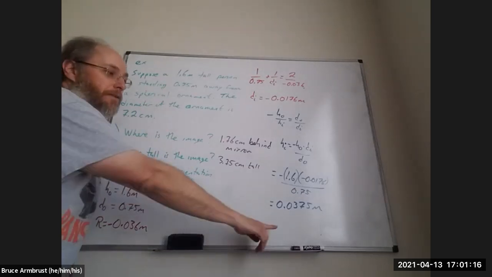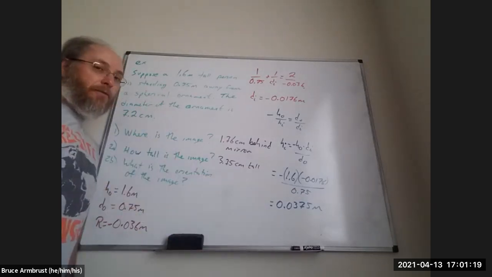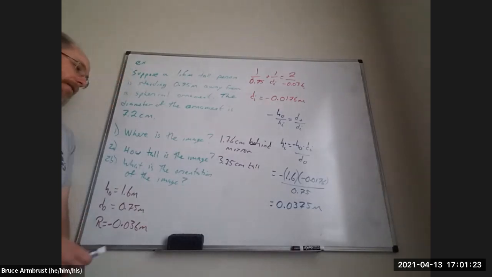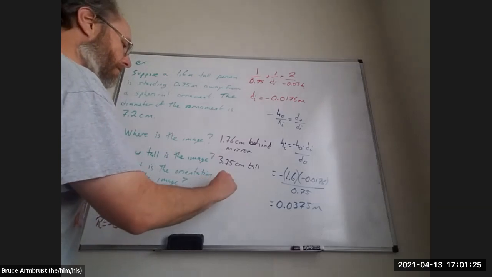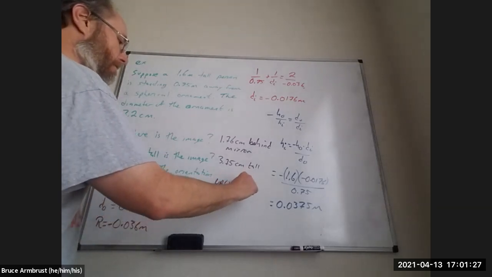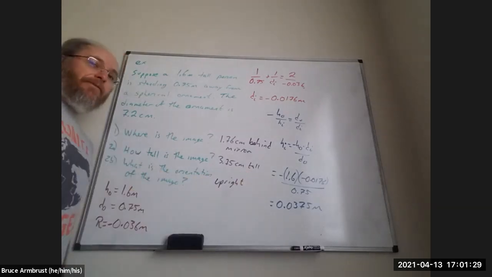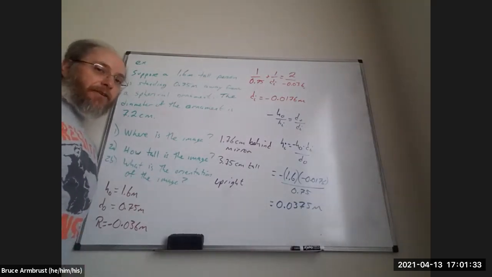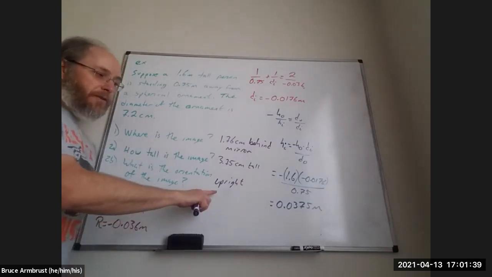So if our answer for the other height is also positive, that means it's upright as well. So this one's not flipped over. It's going to look like your evil twin is standing in the same orientation as you, just much smaller.